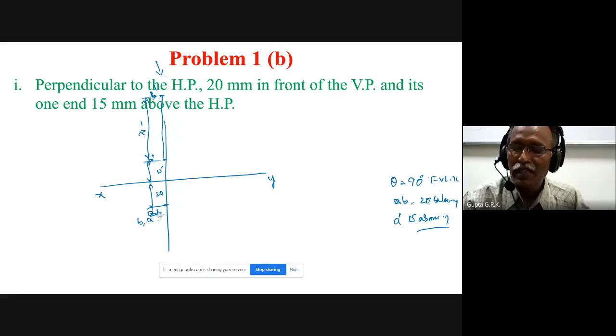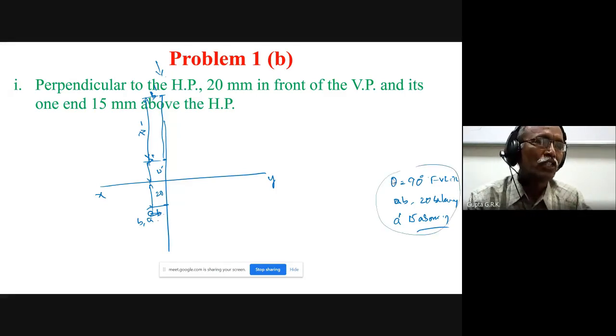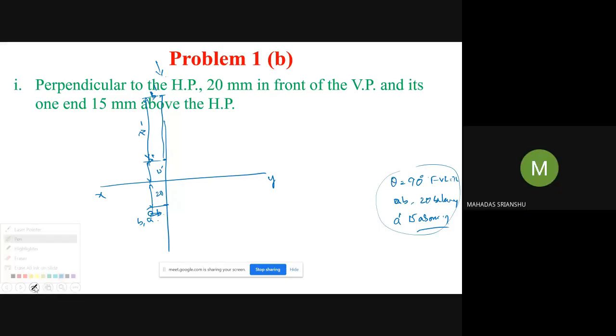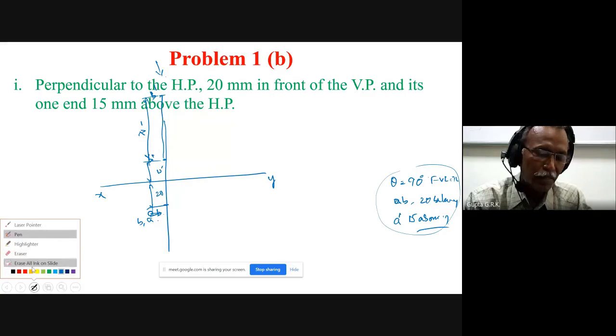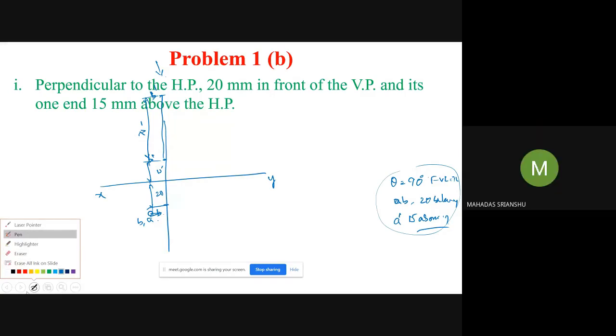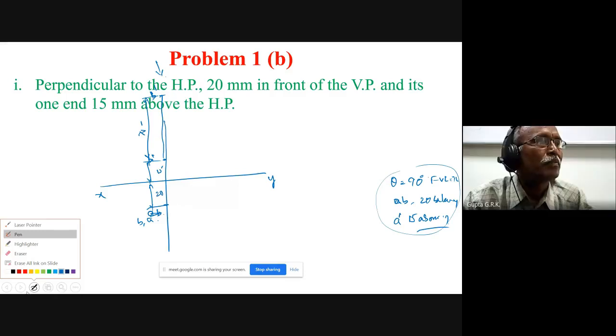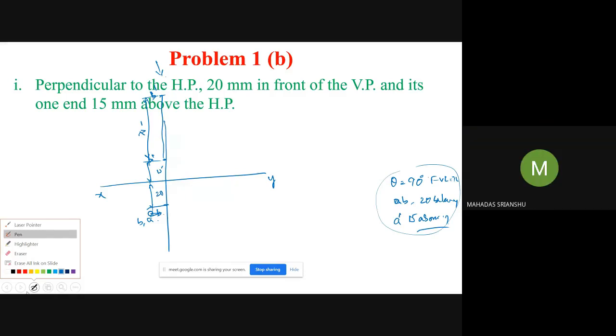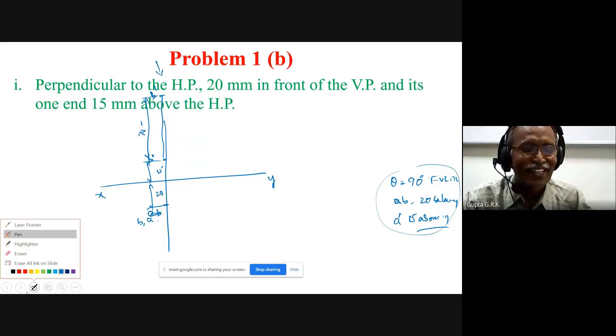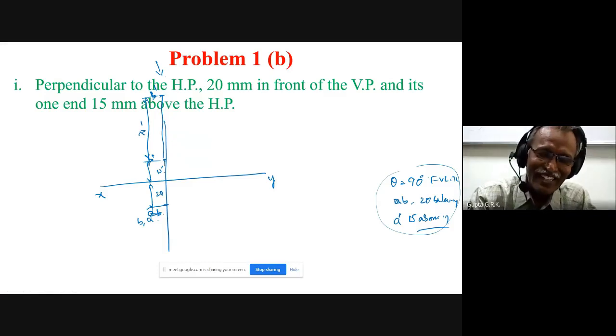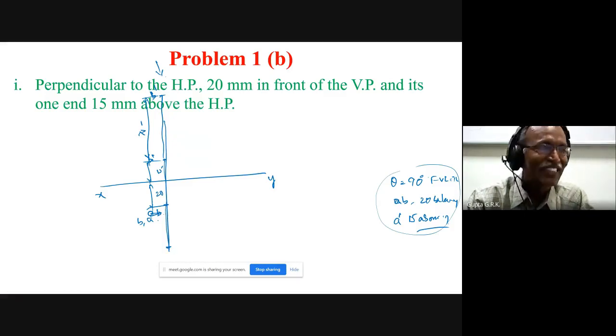If I write the interpretation of each data by the side, it will be easy for you to draw. Sir, I have a question. How do we know that B dash is above A dash? That also we don't know. Actually, I can take 75 downwards. Whatever I told previously, the same thing happens.